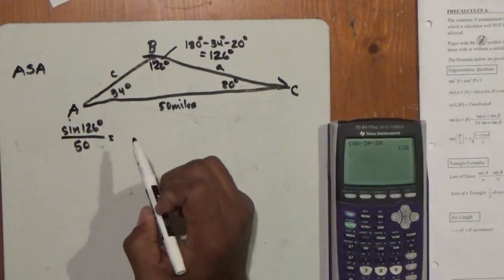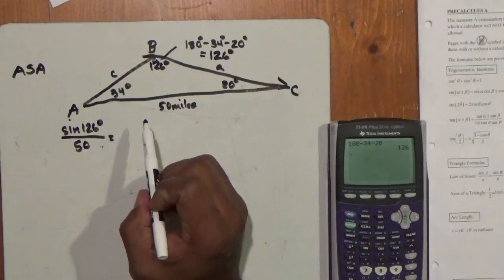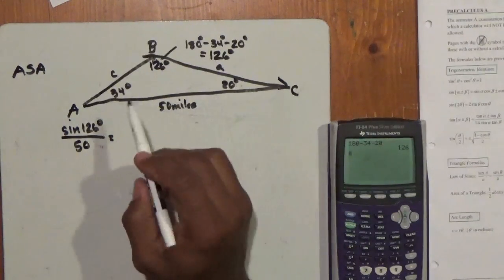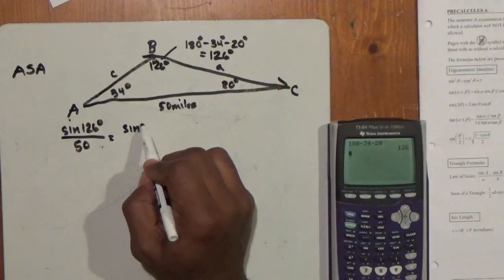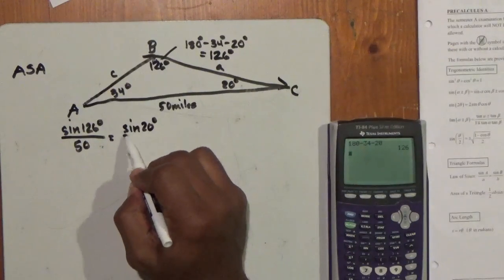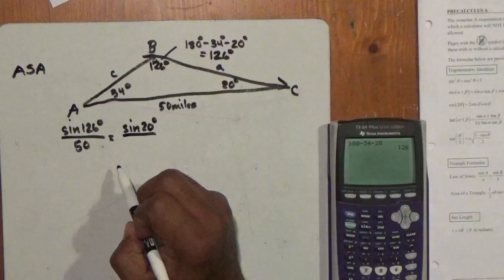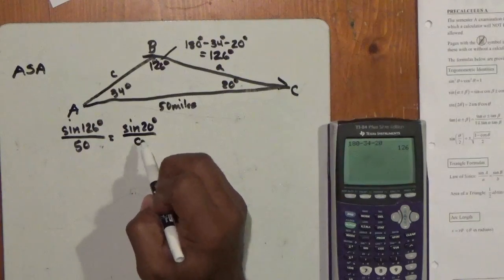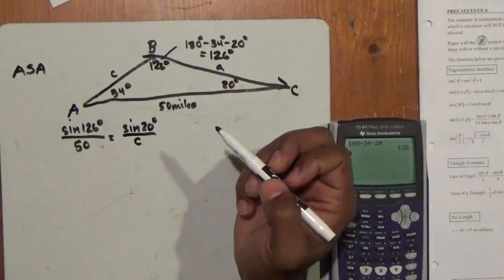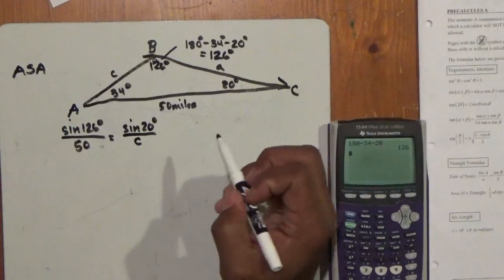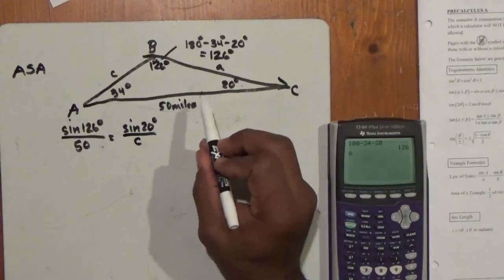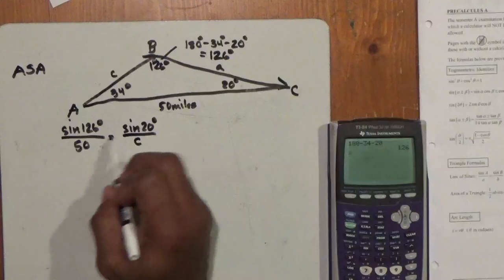is equal to, if I'm looking for C, I'm going to use angle 20. So I'm going to say sine 20 degrees over C. We labeled C for this case. We cross multiply.